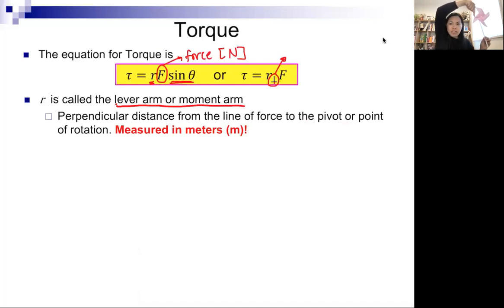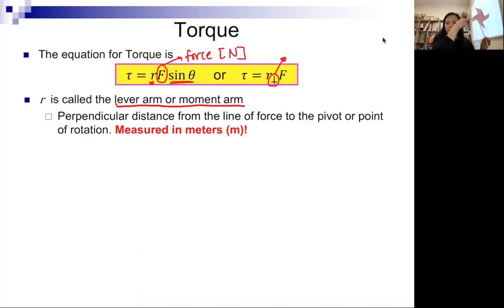perpendicularly downwards, then your lever arm is measured from this force here to the pivot point, that point where your object rotates. So this is the lever arm. This distance, bounded by my two fingers, is the lever arm when you apply the force perpendicularly downwards in this way.